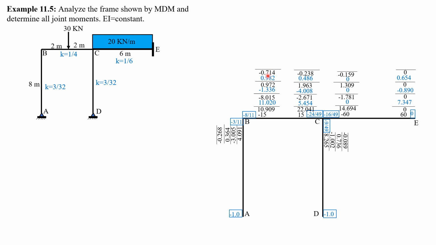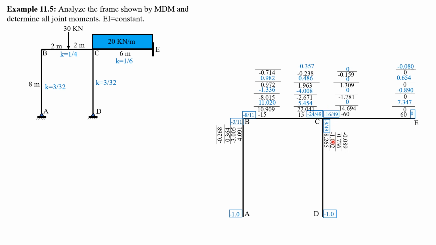Negative 0.119 times negative 3 over 11, 0.032, lock partially. Negative 0.357 times negative 24 over 49, 0.175, lock partially. Negative 0.357 times negative 16 over 49, 0.117, lock partially.